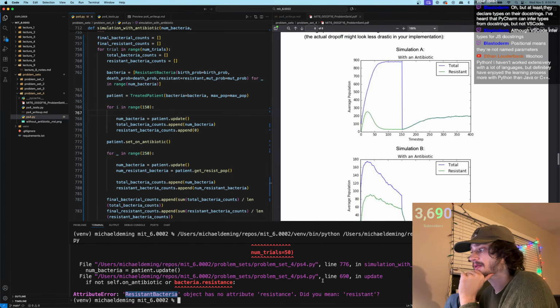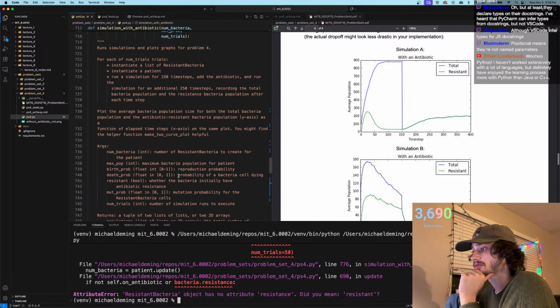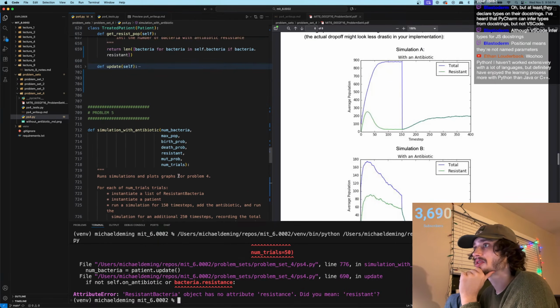Resistant bacteria on line 690. 770, 690.